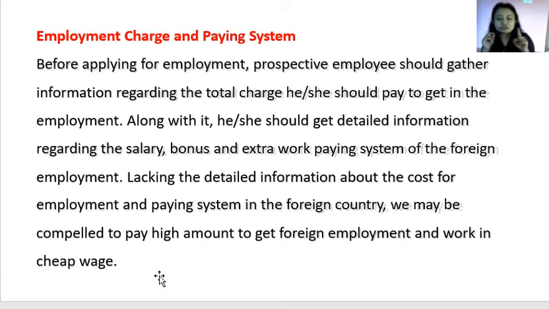In that case, you need to know whether after paying 5 lakhs of rupees, you will be getting a salary that will fulfill your demand or not. 5 lakh is not a simple thing. Paying 5 lakh at once just for the processing of your visa is not a small thing. If you are investing 5 lakh rupees for going into foreign countries, then how much you will be getting in return? You have to evaluate that also.